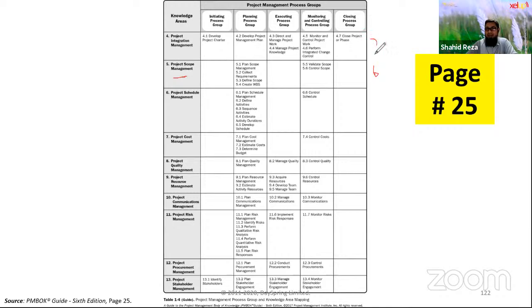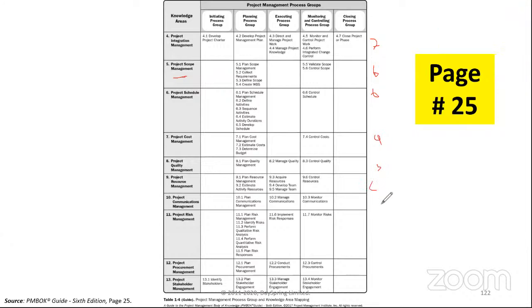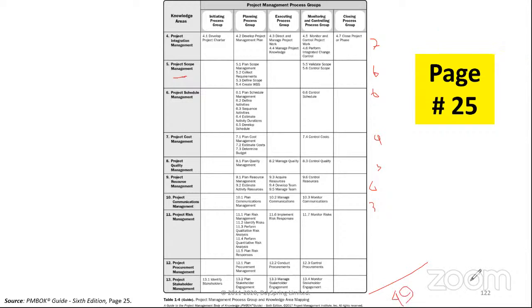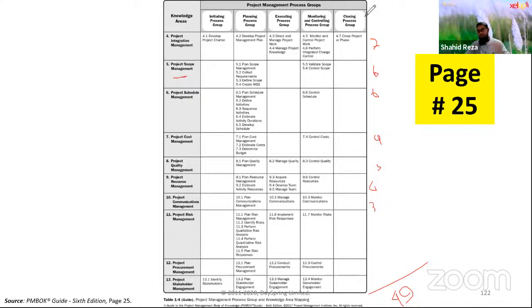In integration 7, right? Yes. Then here 6. Then cost 4, 3, 3, 6, 3. So if you add this up, how many will you get? 49. So whether you add vertically or horizontally, you will get 49 processes.